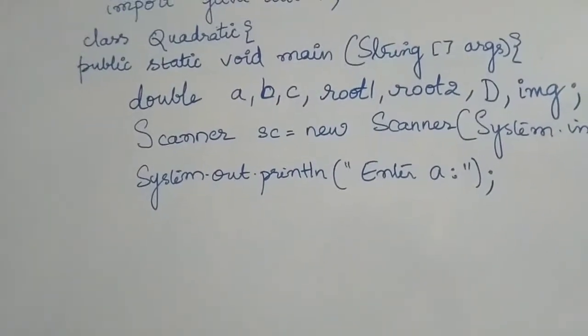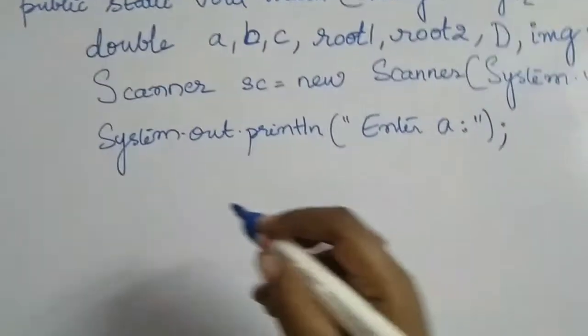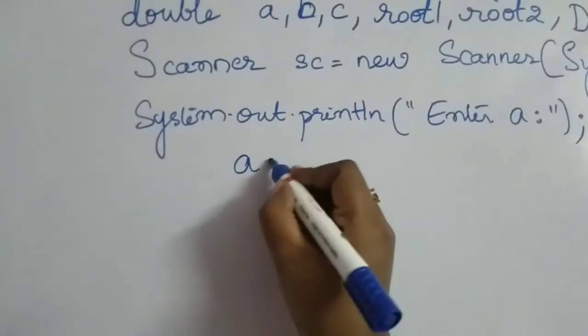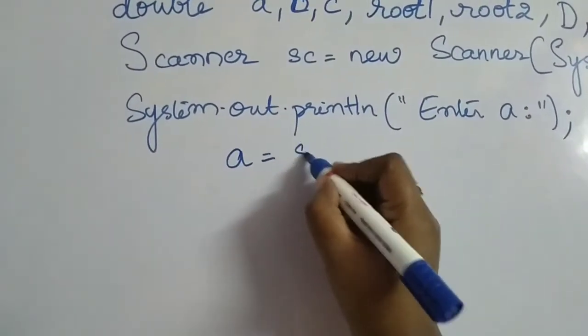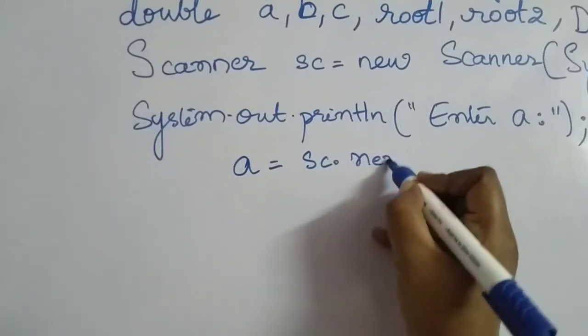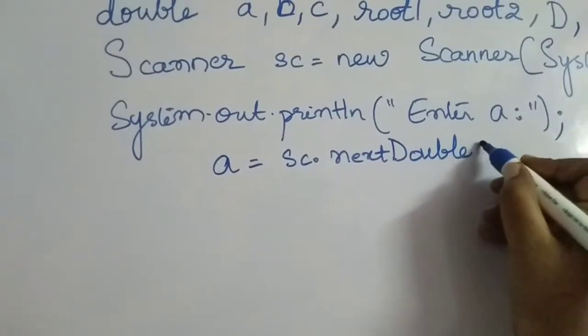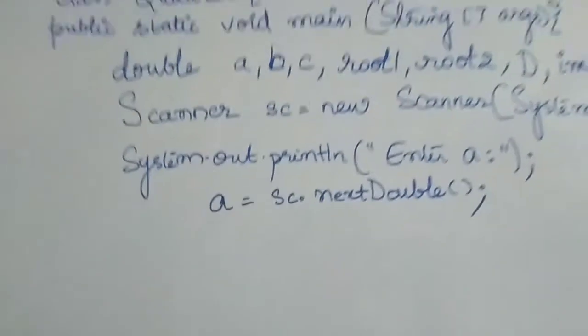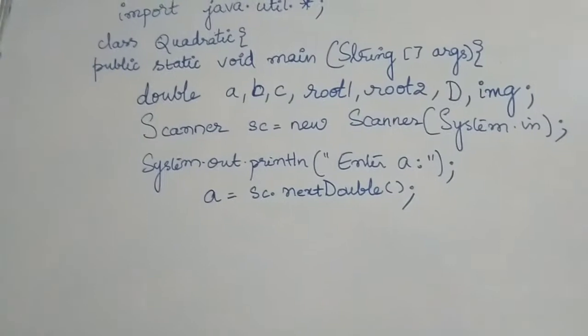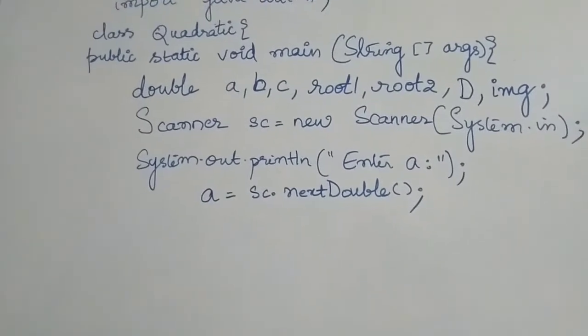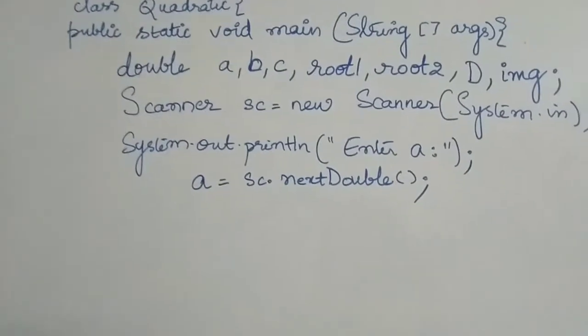You can also mention that. And now I'm reading: a is equal to sc dot, and since this is a double, I'm using the nextDouble method. By doing this, the input from the keyboard is read into the variable a.